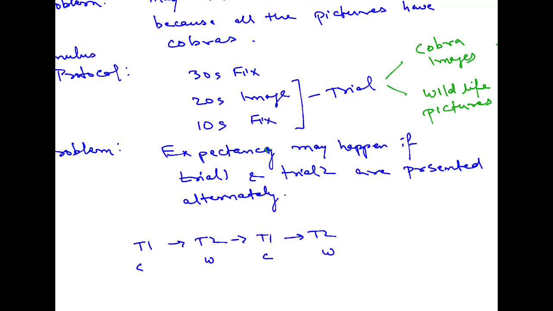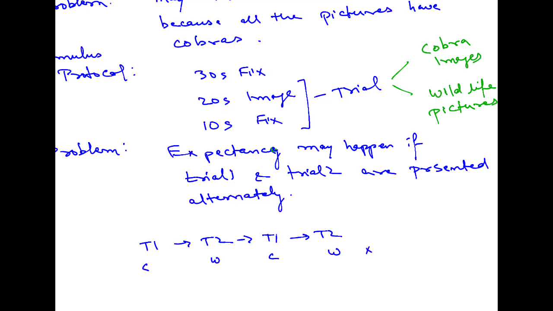So instead of this, if I randomize whether to present cobra or wildlife, I just toss a coin and then do it, then this expectancy will be gone. Because they don't know in the next block what is going to come. But there is yet another cause of expectancy. In a trial, first the picture is shown and then a fixation cross.